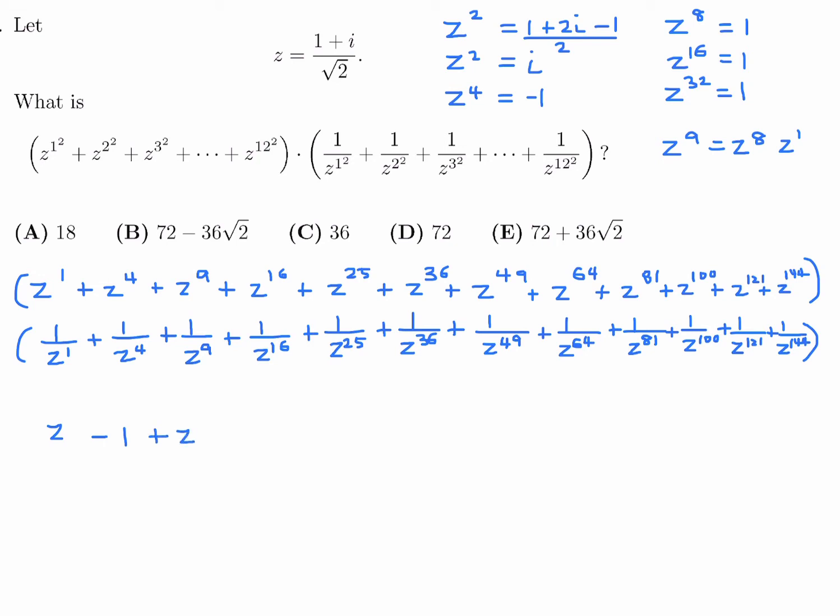Z to the power of 16 is z to the power of 8 times z to the power of 8, so that's 1 times 1. Z to the power of 25 is z to the power of 8 three times and a z to the power of 1, so that's 1, 1, 1, and z. Z to the power of 36 is 8, 8, 8, 8, right? So that's just 1.